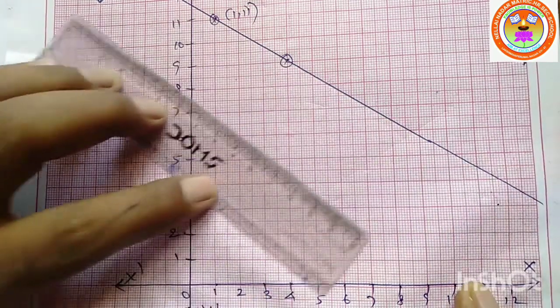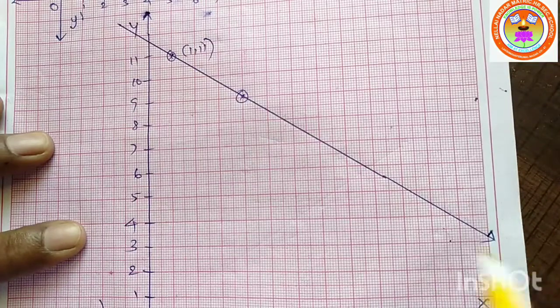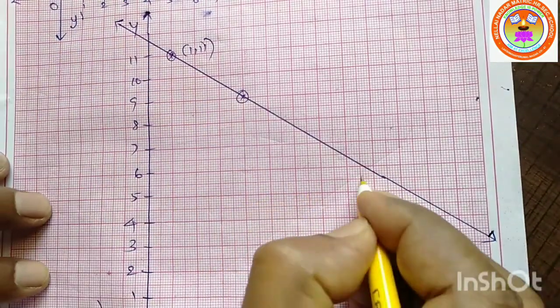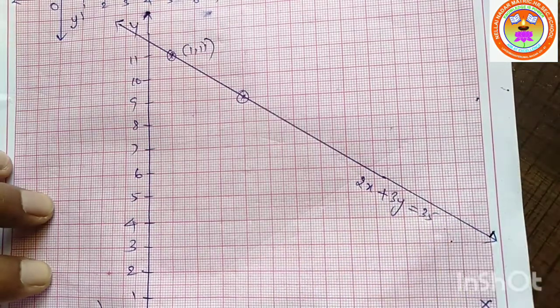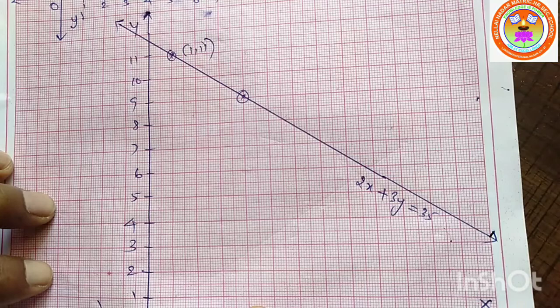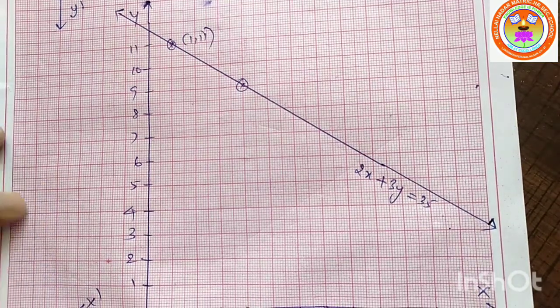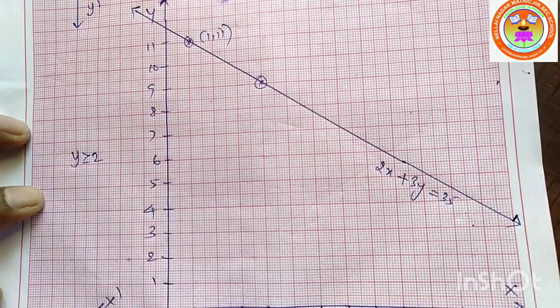So this line is the equation 2x plus 3y is equal to 35. Right? Then what is the next equation? The next equation is y is greater than or equal to 2.